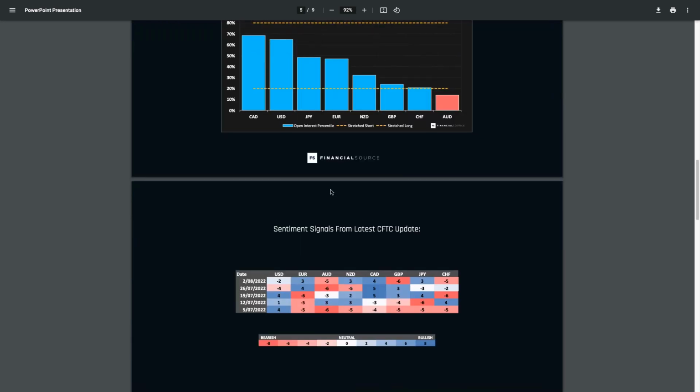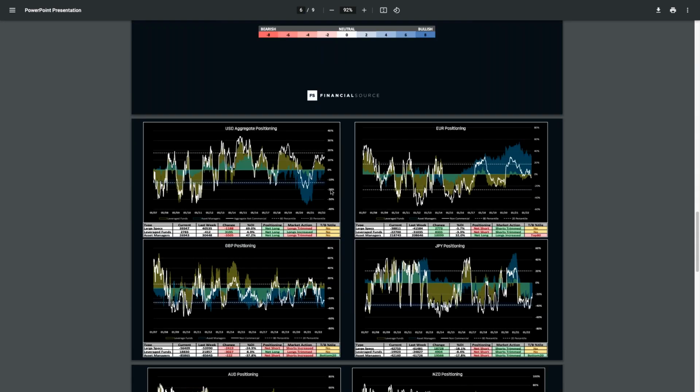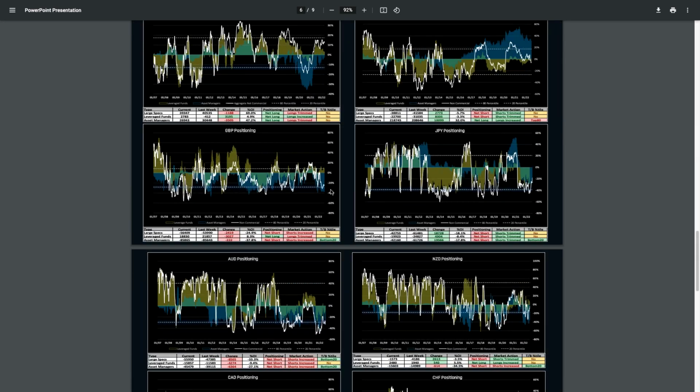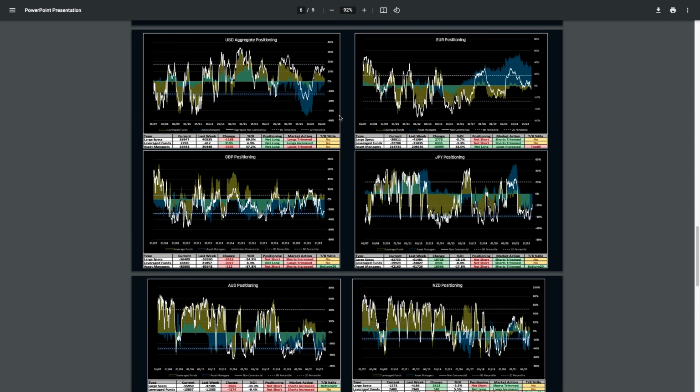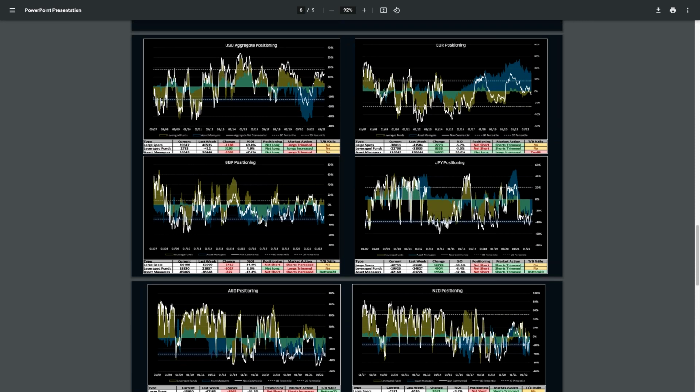Where's dollar positioning? Right here, you can see dollar aggregate positioning. It's quite near the 80 percentile long region, and when it's in the 80% region, generally speaking, you've got an overbought condition. So we're quite close to being heavily overbought.